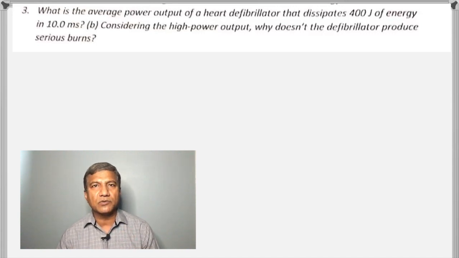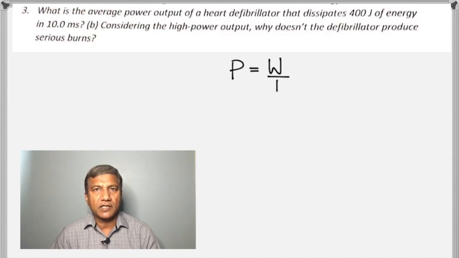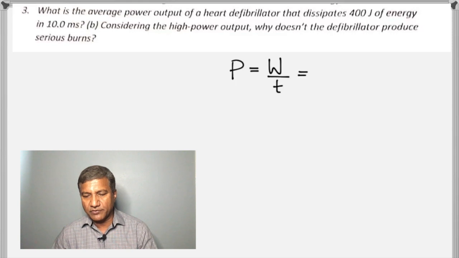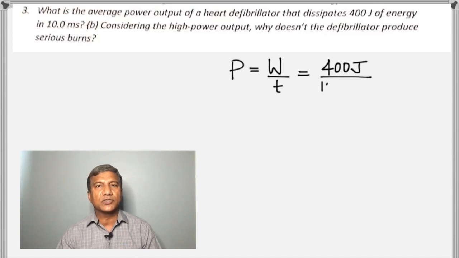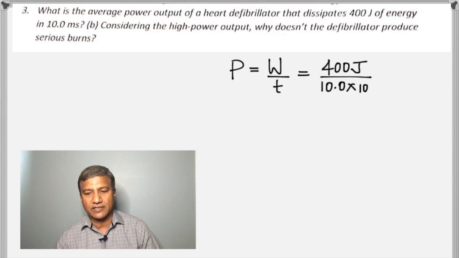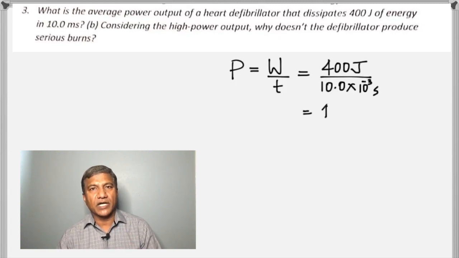So all you got to do is divide the energy given by the time. So here we have power is energy over time or work over time. And the energy is 400 joules. 10 milliseconds is 10 times 10 to the negative 3, because you're dividing by 1,000, since 1,000 milliseconds make 1 second.